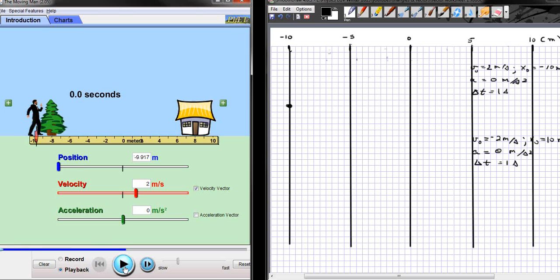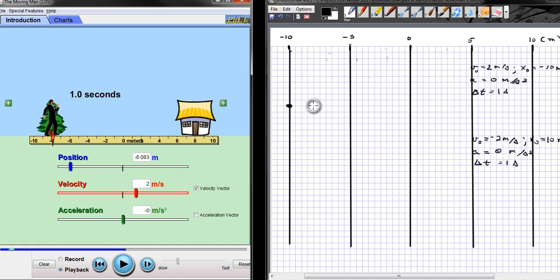Okay. So in 1 second he's gone, it's giving me some decimals here, but essentially he's gone 2 meters to the right. So that puts him at -8. And if you look at my scale here, every 2 little divisions is 1 meter. And so he's gone from -10 to -9 to -8.